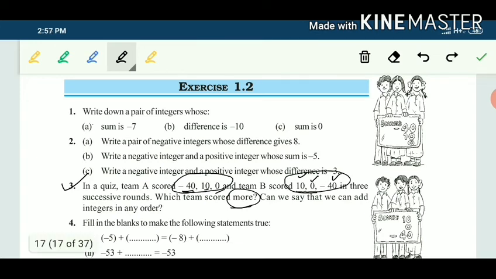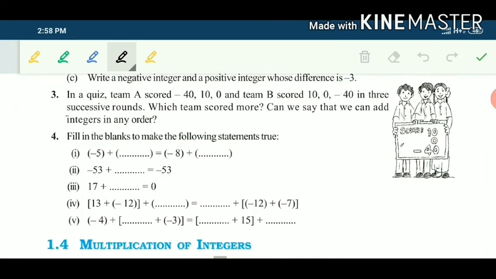Then they ask, can you say that we can add integers in any order? Just rewind the properties. In the properties we have discussed, we can add integers in any order. The answer is always the same.